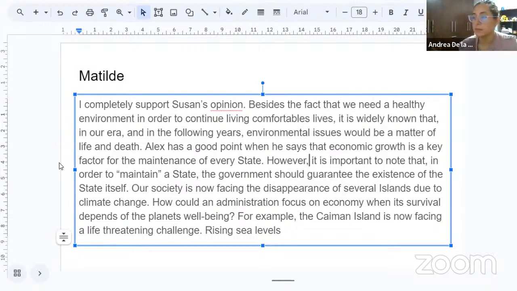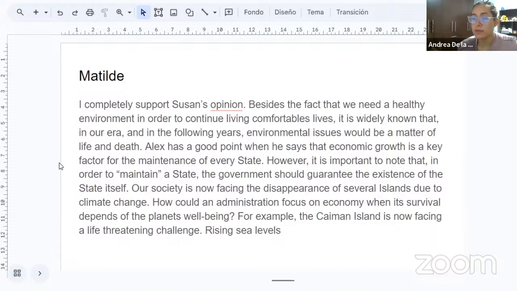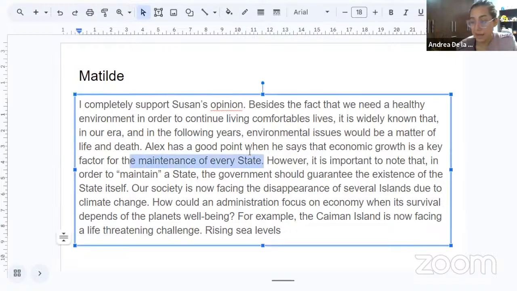So however, it is important to note that in order to maintain a state, the government should guarantee the existence of the state itself. Okay, I like that contrast. And I like the relationship that you're creating between Alex's point and your point, right? So you are really contrasting it. Now our society is facing the disappearance of several islands due to climate change.